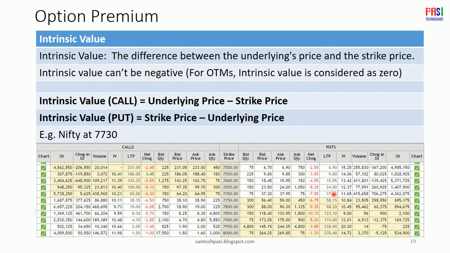And for the OTMs, as you know, everything is just time value. So in case of in the money, we have two things: the intrinsic value plus time value, versus out of the money we will always have only time value. Same way in the case of put, in the money will have intrinsic value plus time value, versus out of the money will only have time value.